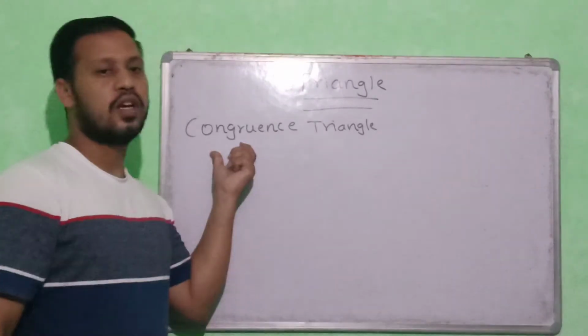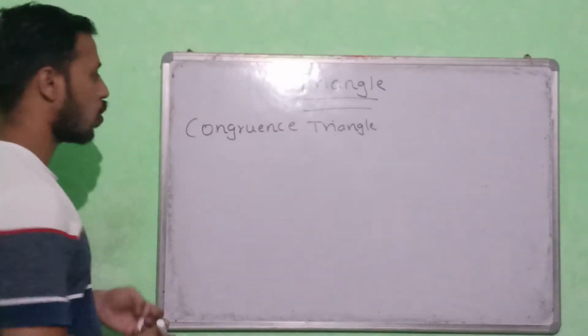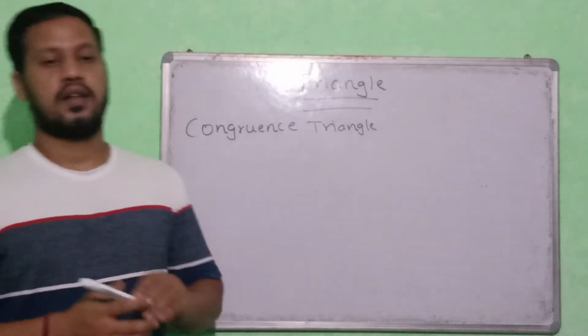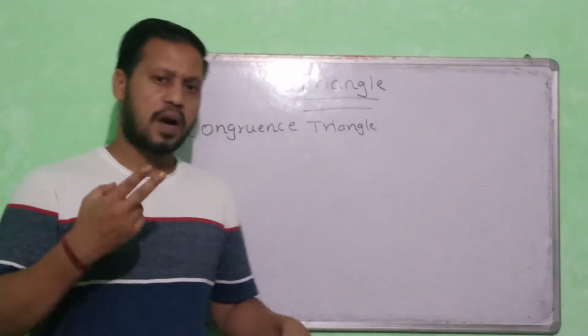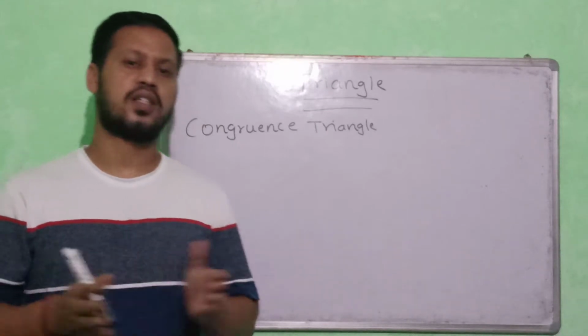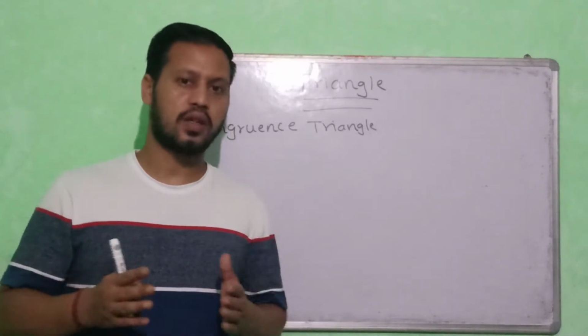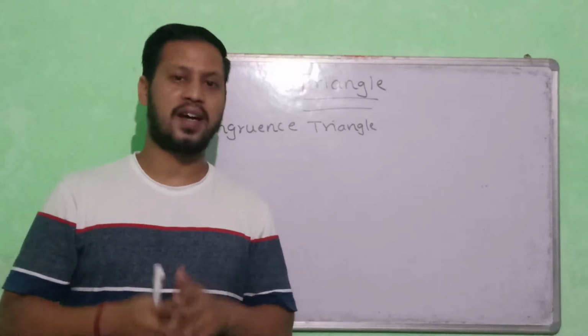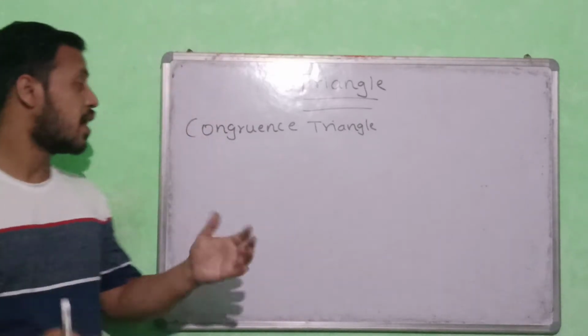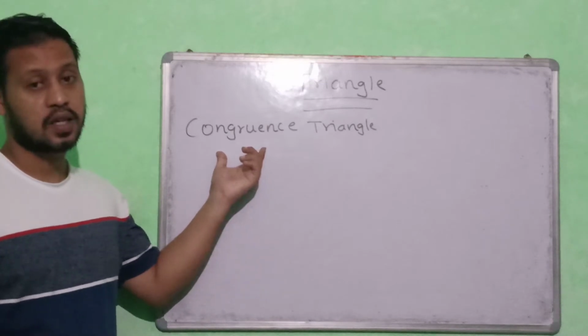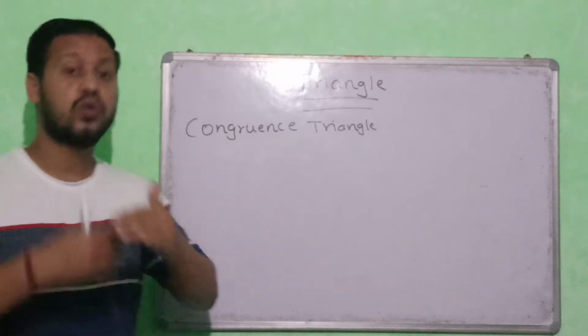What is the meaning of congruency? Congruency means two parts or two objects which are similar in shape and size. When they both are similar in shape and size, then we can say that they are congruent.